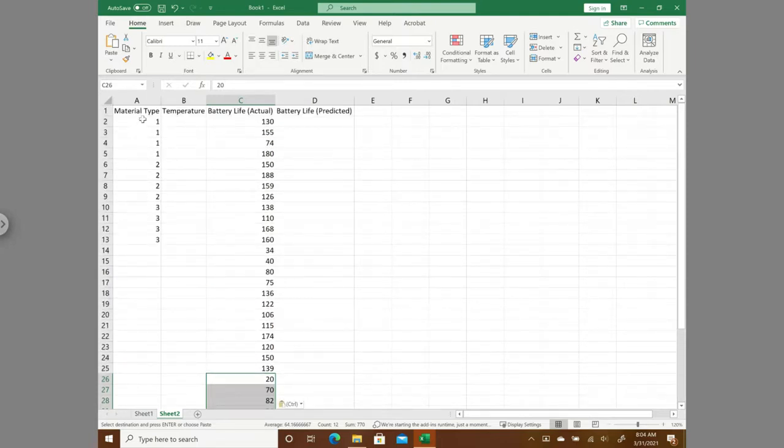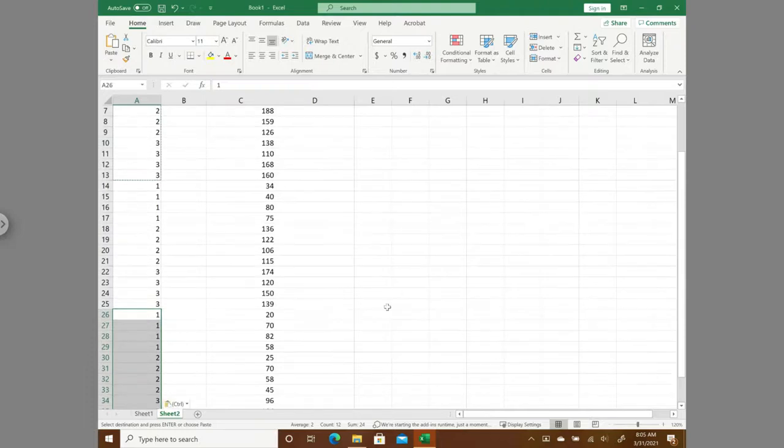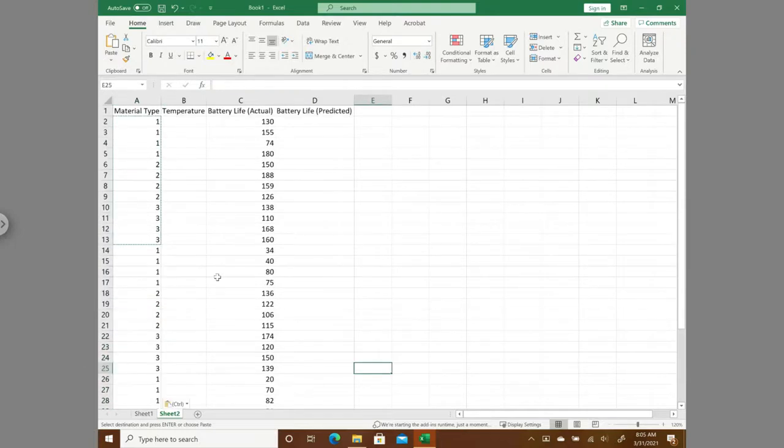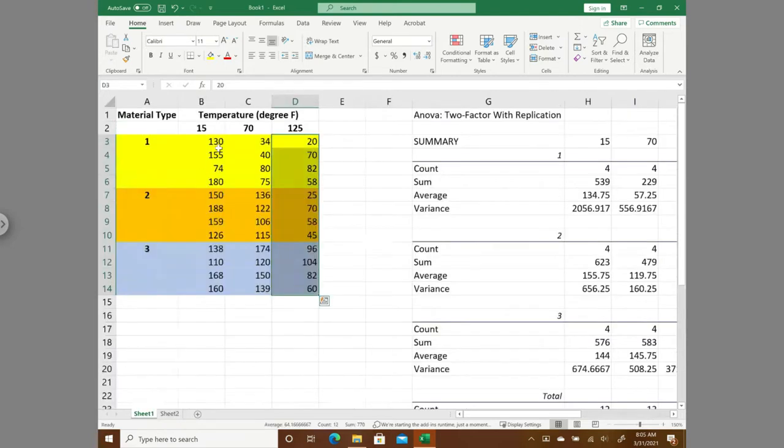And of course the material type pattern will repeat for the next 12 observations and the next 12 observations. Okay, so we got that. Now let's see temperature. For the first 12 observations, what was the temperature?